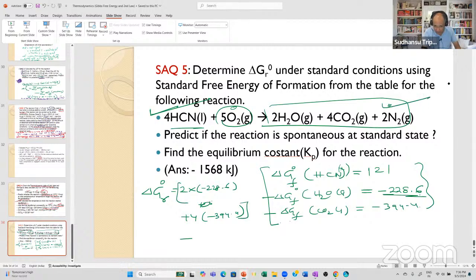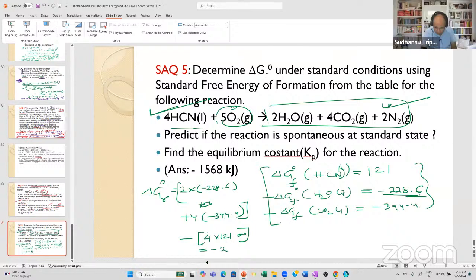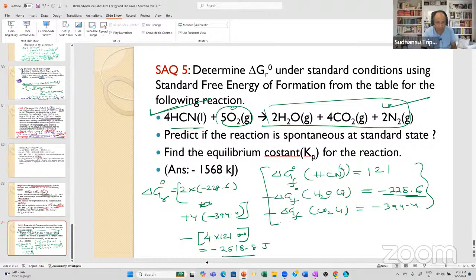This minus the reactants, 4 into HCN, 121, plus 0. So what is the result? Tell me. Sir, minus 2518.8.